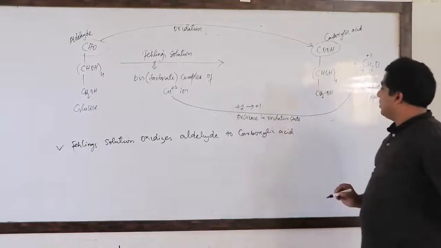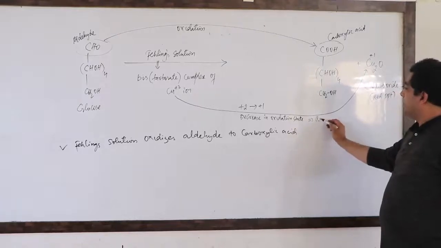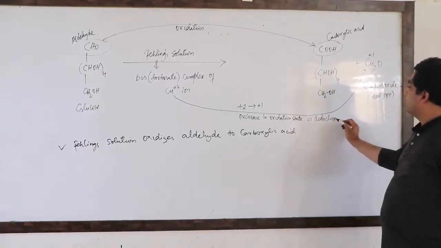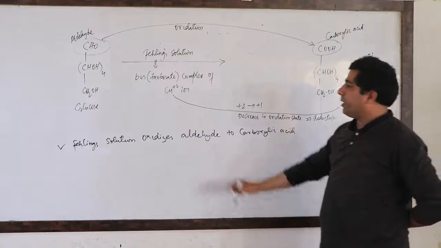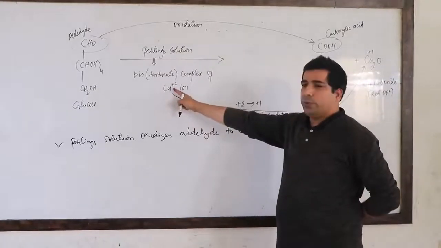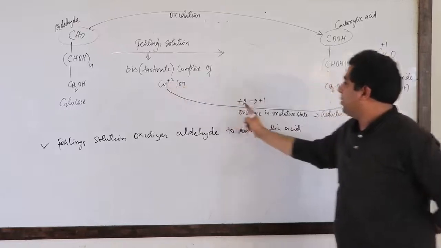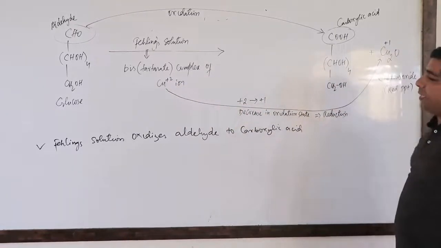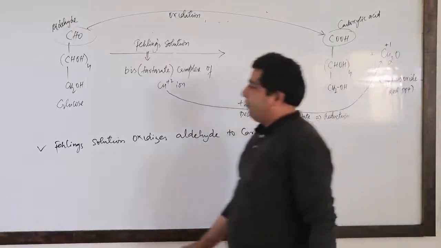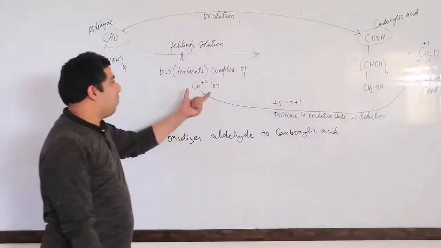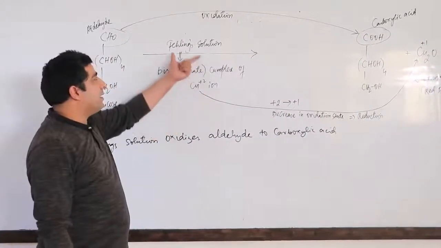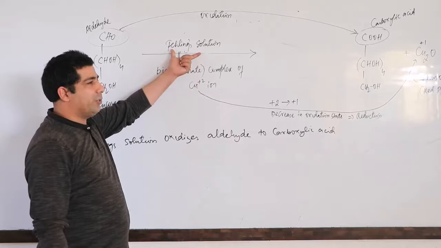And a decrease in oxidation state is basically reduction. So which thing is undergoing reduction? Copper +2 ion is undergoing reduction. It goes from +2 oxidation state to +1. Correct? And when the reduction is happening for copper +2 ion, it means reduction is happening for Fehling solution.